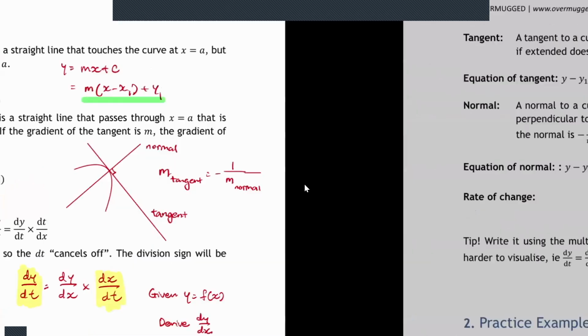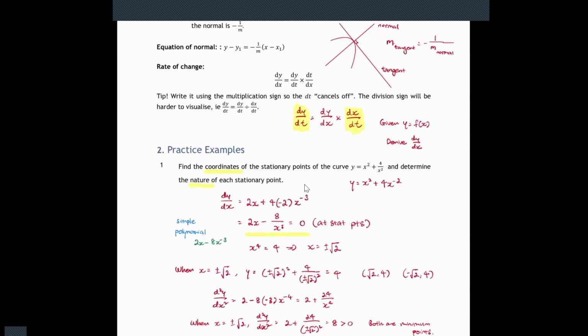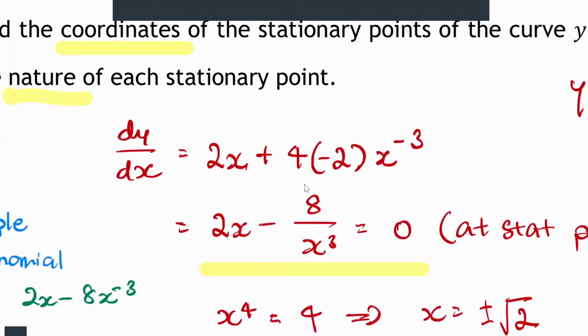So what is a simple polynomial? Maybe you see this. Just now our question we get 2x minus 8 over x cubed. Each term is just a term with a power of x, so it's easy for me to differentiate this again. I don't have to do product rule or anything. I just differentiate each term with respect to x. This is what I classify as a simple polynomial. A quadratic equation is also a simple polynomial.